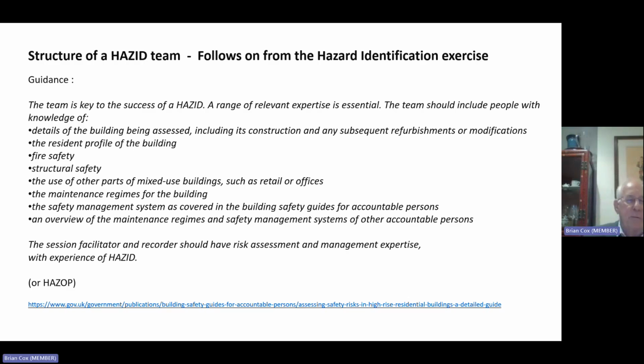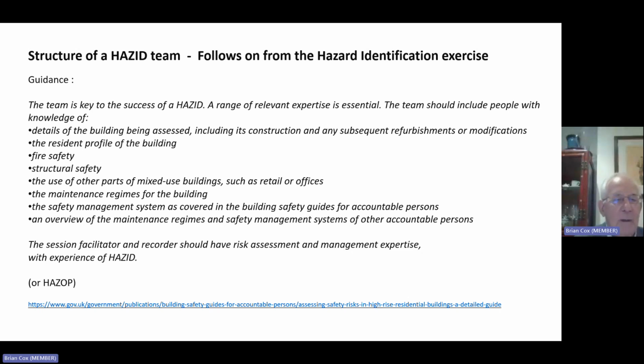So just for recap, the structure of a hazard team should include people who know the details of the building and the resident profile of the building. They know about the fire safety and structural safety, and they know about other parts of a mixed-use building, for example the retail or offices, or other uses for perhaps the ground floor or the first floor.